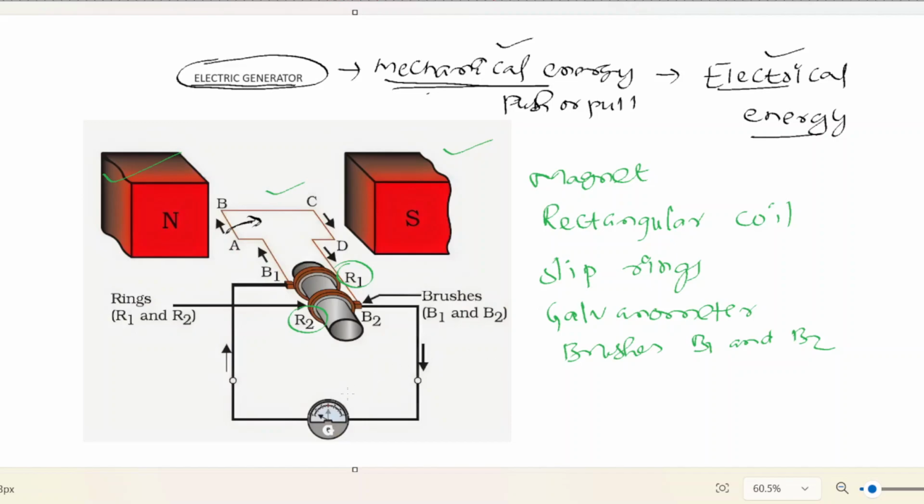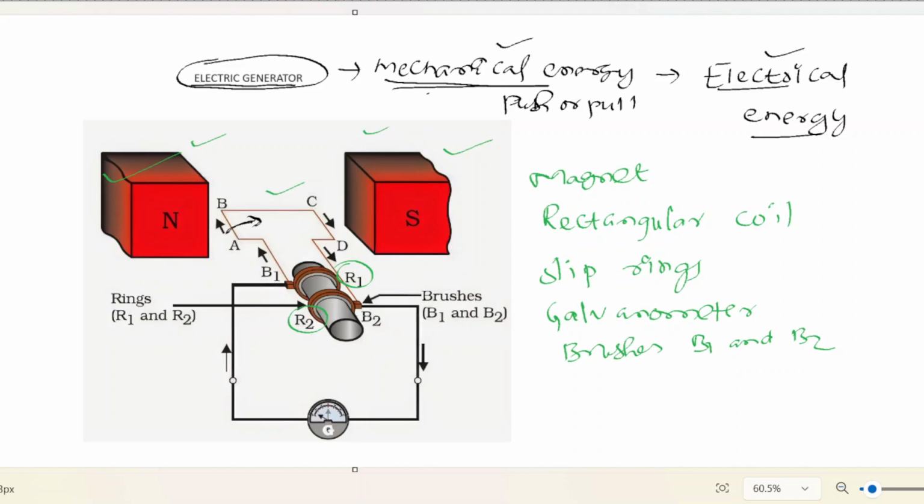Now we need to understand this. In between these two magnets there is a coil arranged, and this coil is connected to the rings, which in turn are connected to the axle. There is a ring R1, a full ring or slip ring, and R2; R1 and R2 are the slip rings.